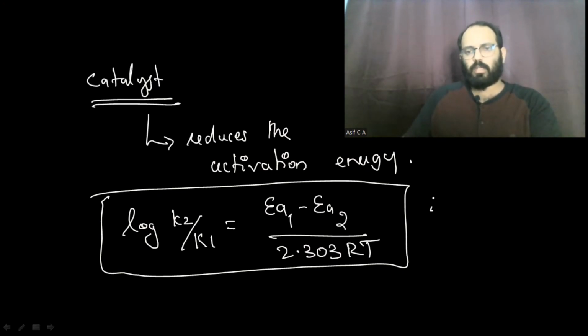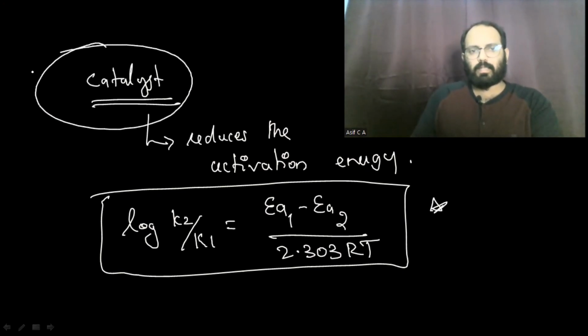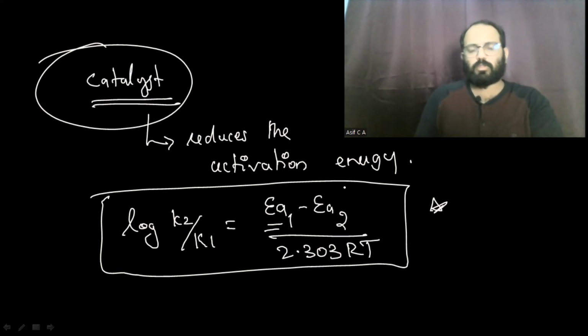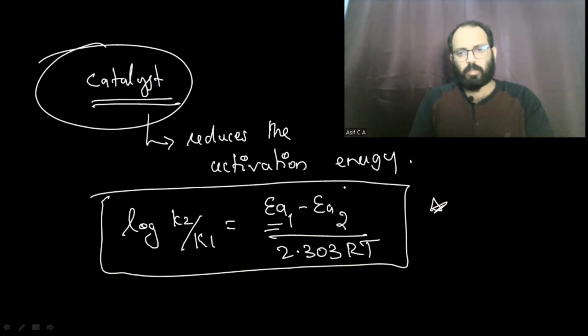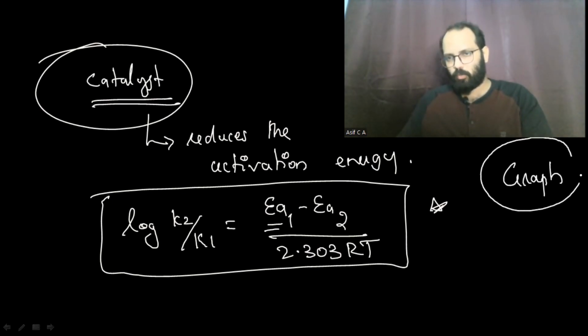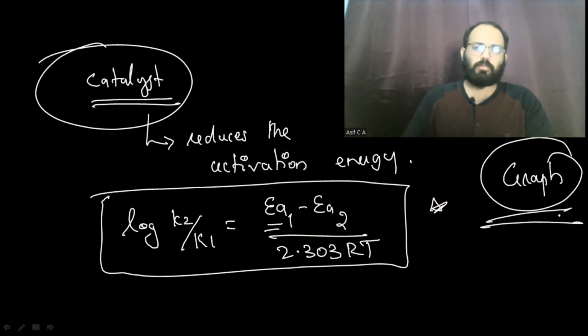If you are adding a catalyst, Ea1 is the activation energy without catalyst and Ea2 is the activation energy with catalyst. So these are the major equations you should remember in chemical kinetics. Then all the graphs of chemical kinetics are very important. Please go through these graphs.